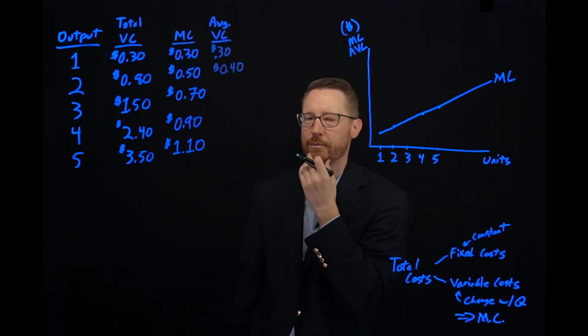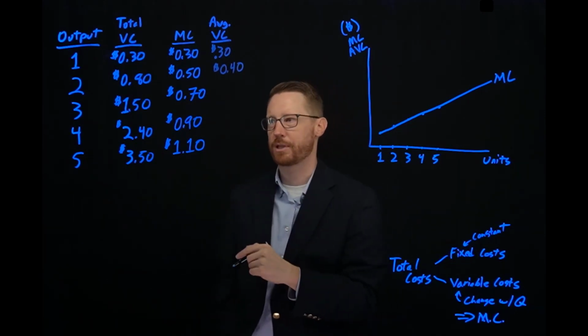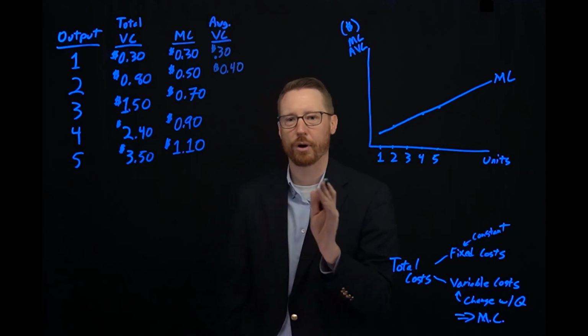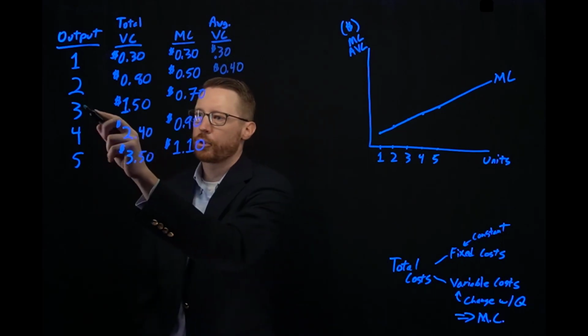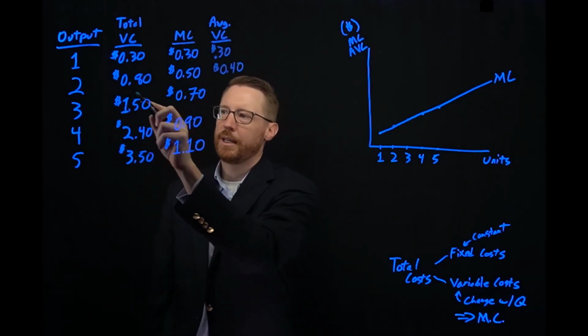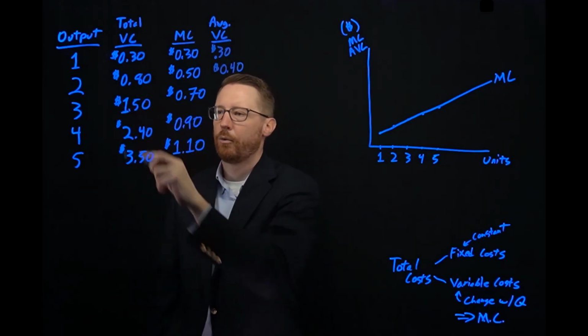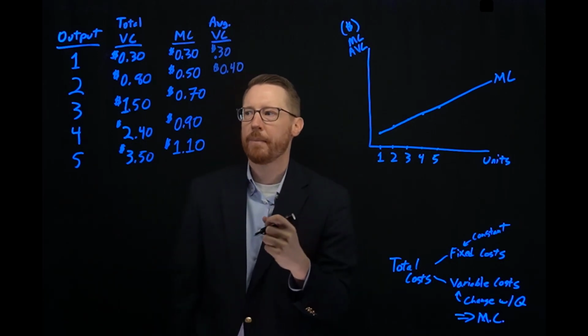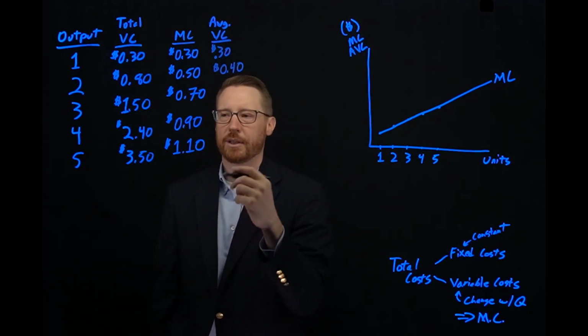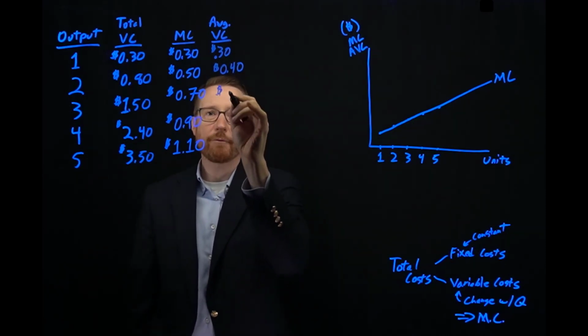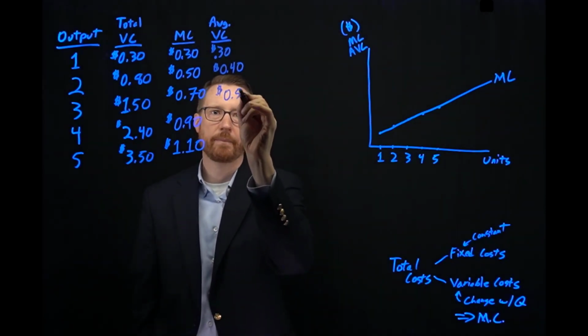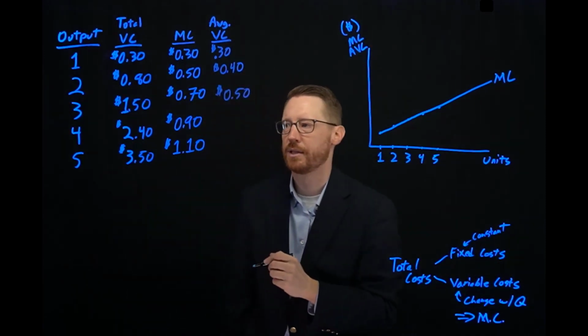Wait a minute, the numbers are starting to diverge. Yep, absolutely. Let's do a couple more and then we'll think about the intuition as to why. So for 3 cups, we need $1.50 worth of beans and labor. So $1.50 divided by the 3 cups of coffee we made means that our average variable cost is just 50 cents.